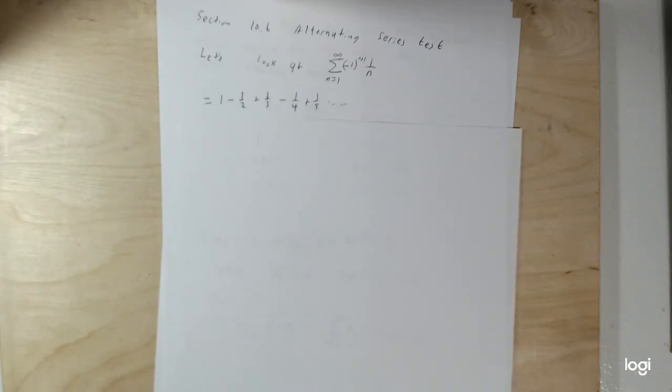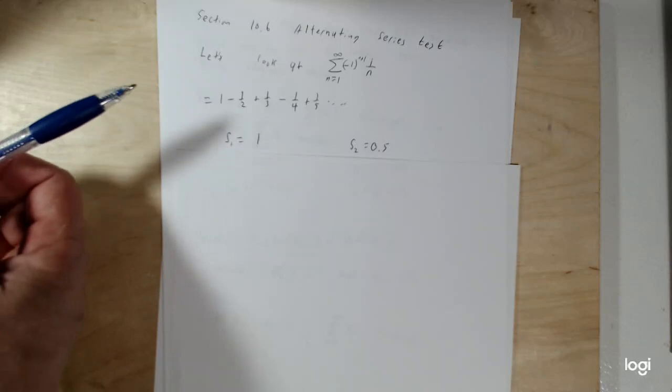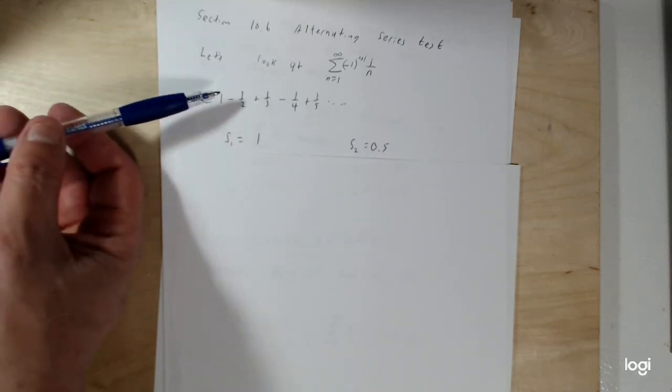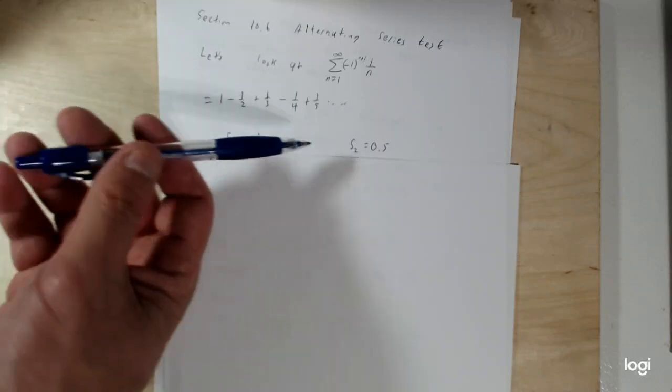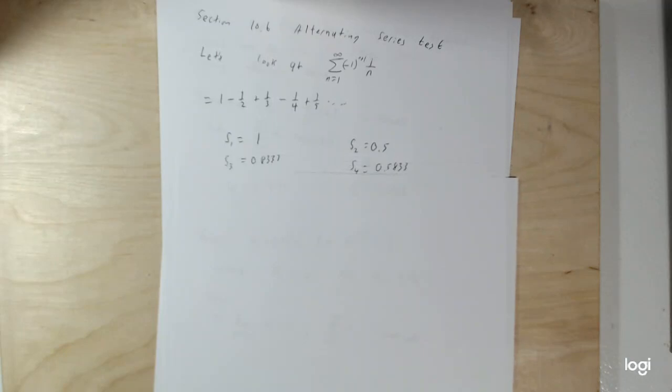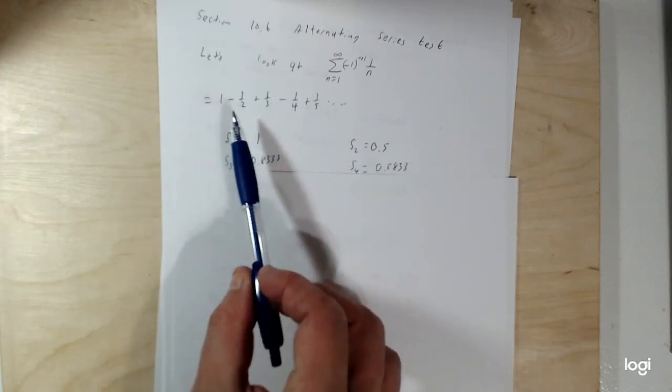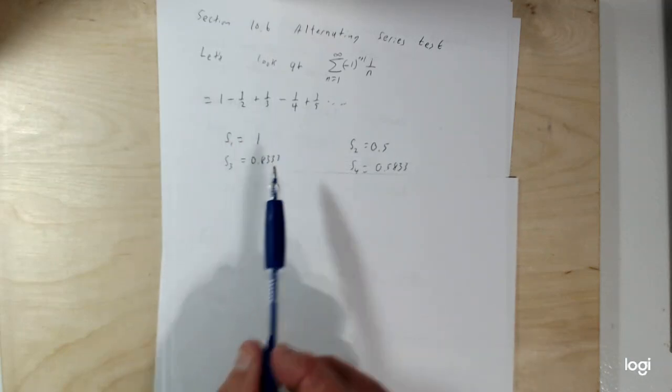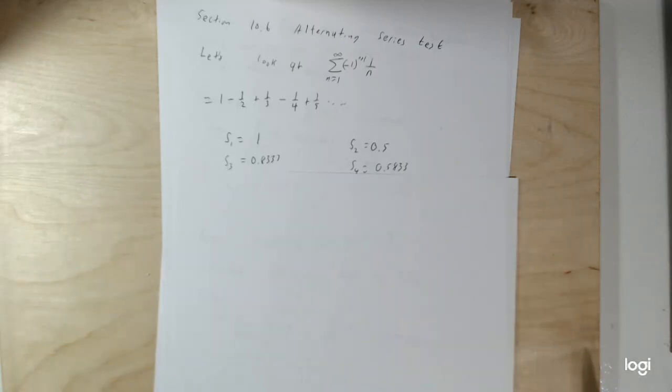Okay, so if we were to write that one out, we'd get 1 minus a half plus a third minus a fourth plus a fifth, and so on. Now, if we take a look at the partial sums, S sub 1 is just the first term. S sub 2 is 1 minus a half, which is 0.5. S sub 3 is 1 minus a half plus a third, and that turns out to be 0.833 repeating.